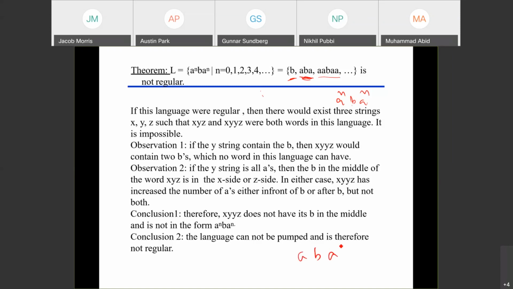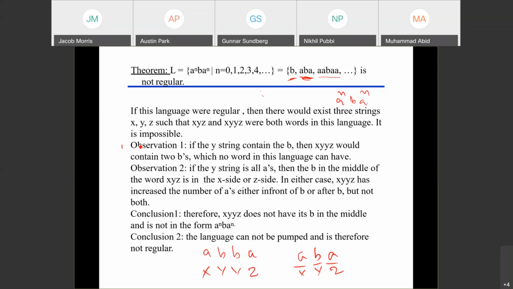Observation 1. If the Y string contains the B, this is X, this is Y, this is Z. How do you pump that? When you pump, it will be X, Y, Y, Z. So it means A, B, B, A. This is a violation of the language. You never have two B's there.